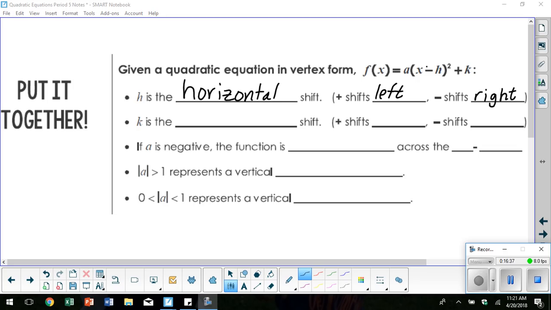If it's K, it's vertical. This one's true to the actual signs. So if it's positive and it's vertical, it's going to go up. If it's negative, it's going to go down.